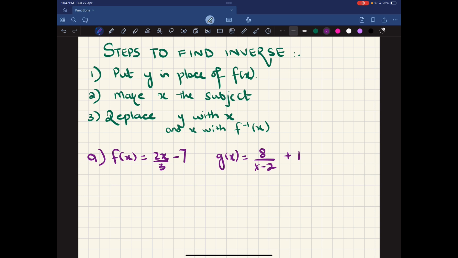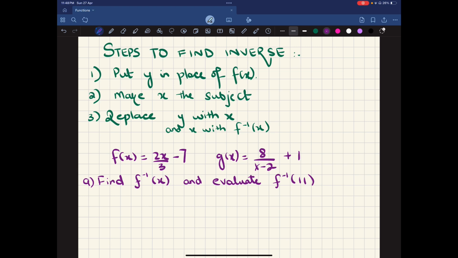You need to find the inverse function f inverse of x and evaluate f inverse of 11. Okay, so it's not a very simple example. I've kept the functions slightly complicated.